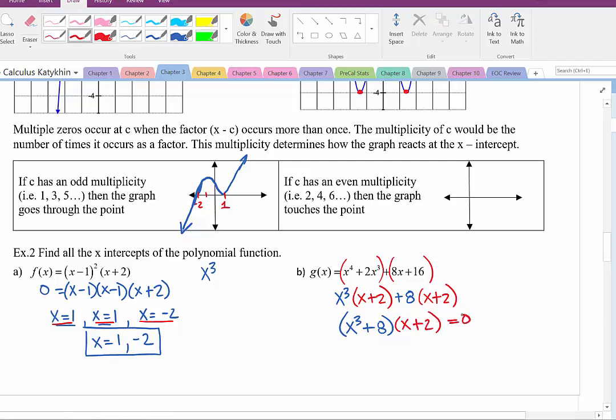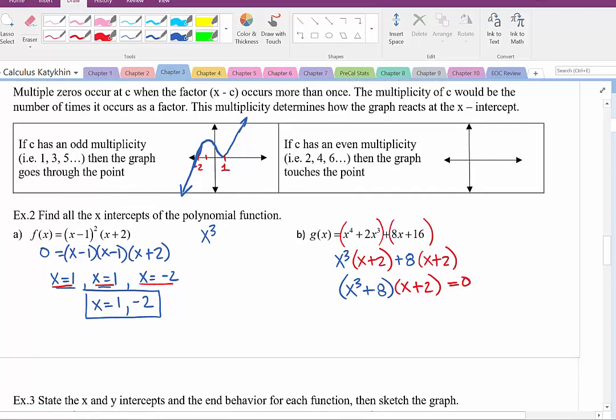So if I set them equal to 0, I can solve each one. This one will give us x to the third is equal to -8, which will actually give x is equal to -2, because when you take the third root, or cube root, of -8, you get -2.